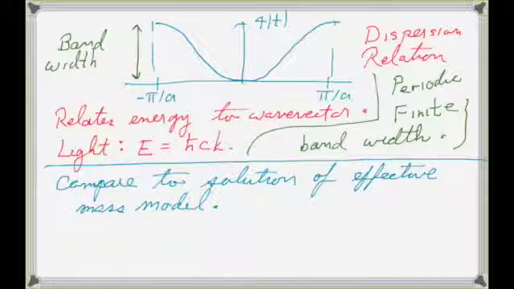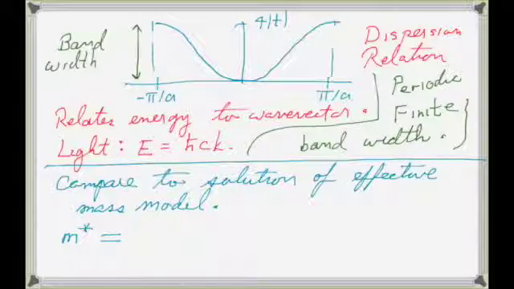In the effective mass model, you look up in some reference book for the semiconductor of interest and you'll find numbers for the, quote, effective mass. It's a reduced mass, and it'll be some value for the mass of the electron that is, often, depending on your semiconductor, less than the mass of the electron in the vacuum.